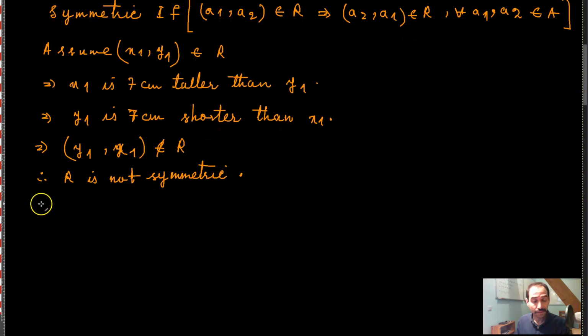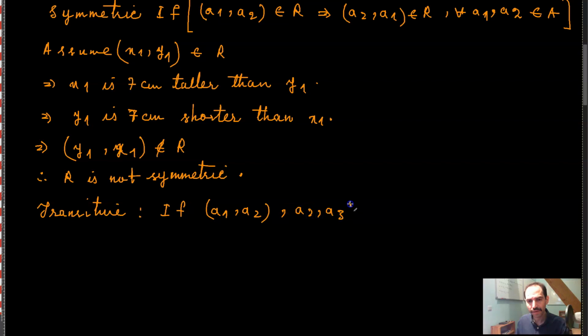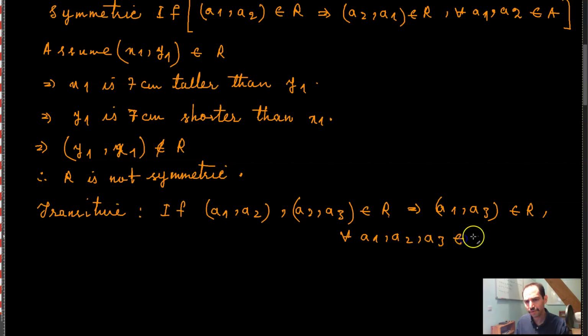Now the condition for R being transitive is that if (a1, a2) and (a2, a3) belong to R, that implies that (a1, a3) also belongs to R for all a1, a2 and a3 belonging to A, right? That is the condition.